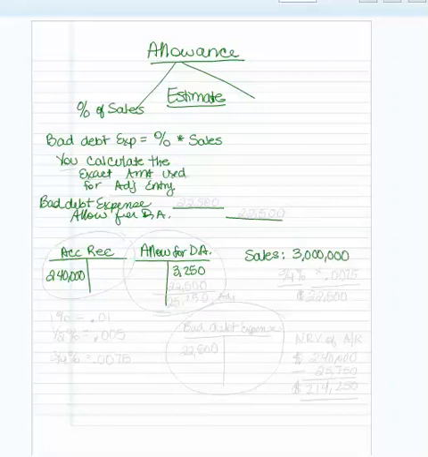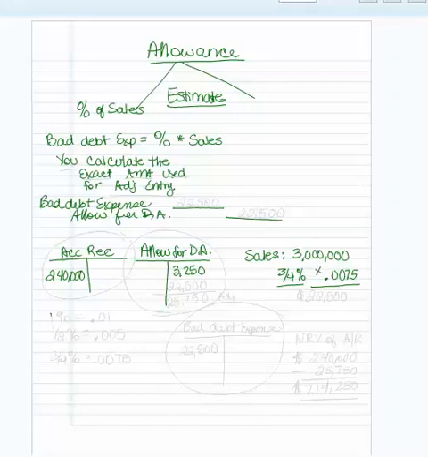And it says bad debt as a percent of credit sales is 3/4%. Okay, so 3/4 of 1%, if you were going to punch that in your calculator, you would need to put 3 million times 0.0075. Because that's 3/4 of 1%, okay?